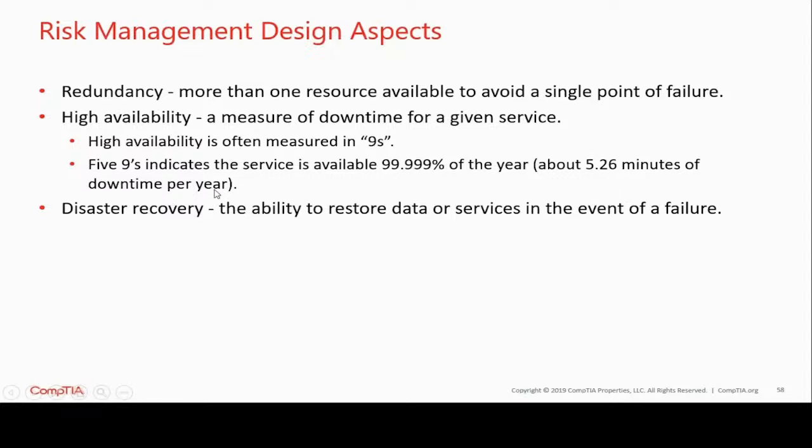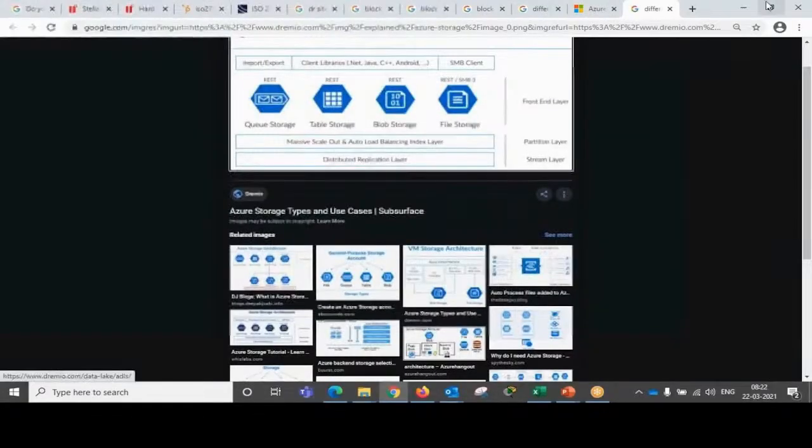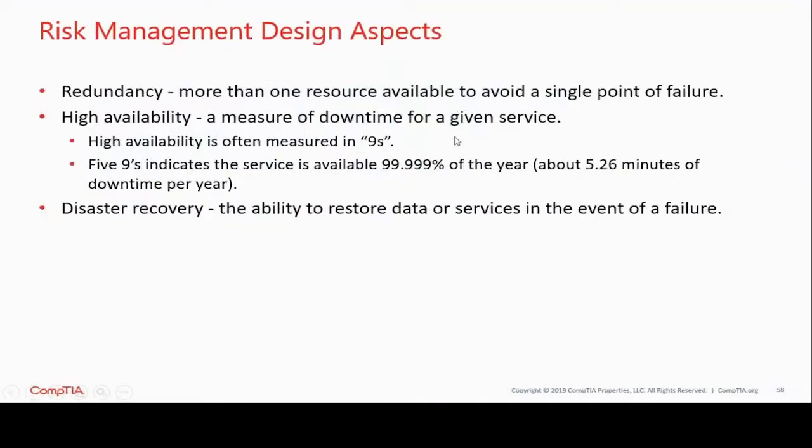High availability means that at any point of time, our business should be available, whatsoever the reason. It doesn't matter, our services need to be available. To achieve that, you might need disaster recovery, and you might need redundancy as well. Clear? Both will be a part of high availability.